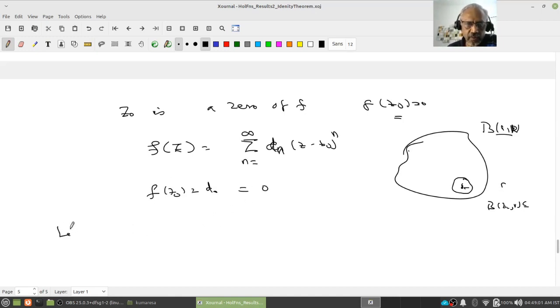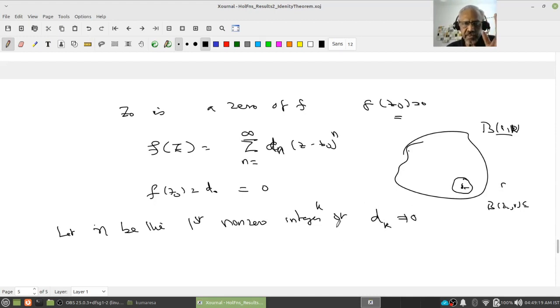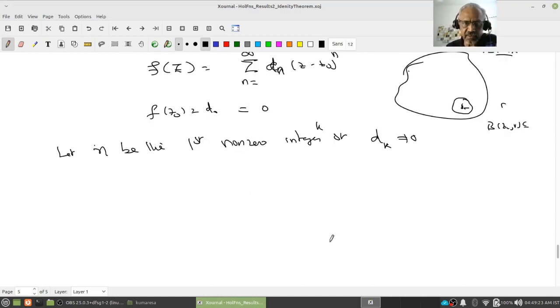Therefore let n be the first non-zero integer, so that dn is not equal to 0. That is, d0, d1, up to dn minus 1 are 0, but dn is not 0.